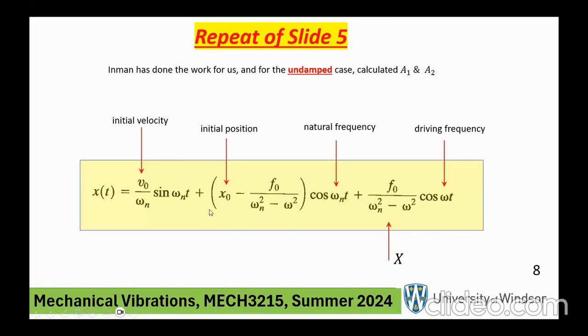And we are left with minus F naught over omega n squared minus omega squared, times cosine of omega n t, plus this term times cosine of omega t.